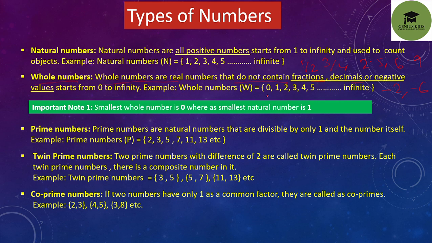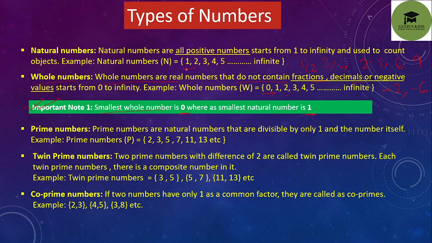So the whole numbers are 0, 1, 2, 3, 4, 5 to infinity. Please note, whole numbers start from 0, whereas natural numbers start from 1. An important note to remember: the smallest whole number is 0, whereas the smallest natural number is 1.